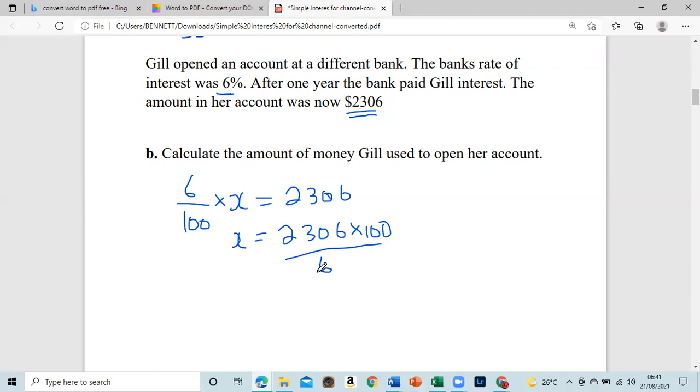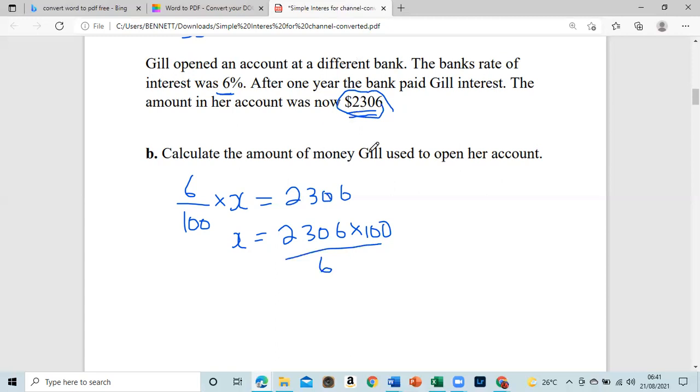You open an account and the bank interest rate was 6%. After 1 year, the bank paid you interest. So this was the amount, 2,360.